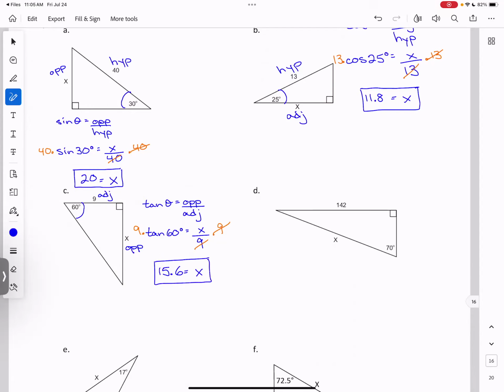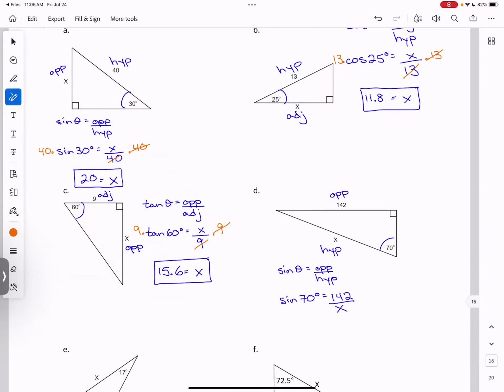All right. Relative to the 70 degrees, I've got my opposite and my hypotenuse is my unknown here. So I'm looking for a ratio involving O and H, which is sine. So sine of any angle theta is opposite over hypotenuse. So sine of 70 degrees is 142 over x.